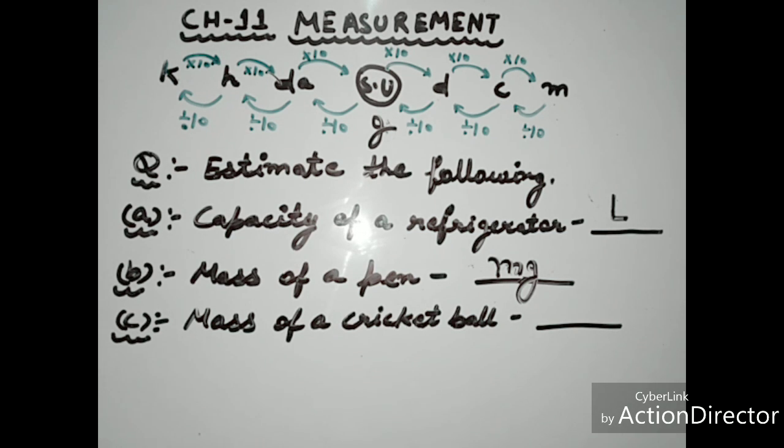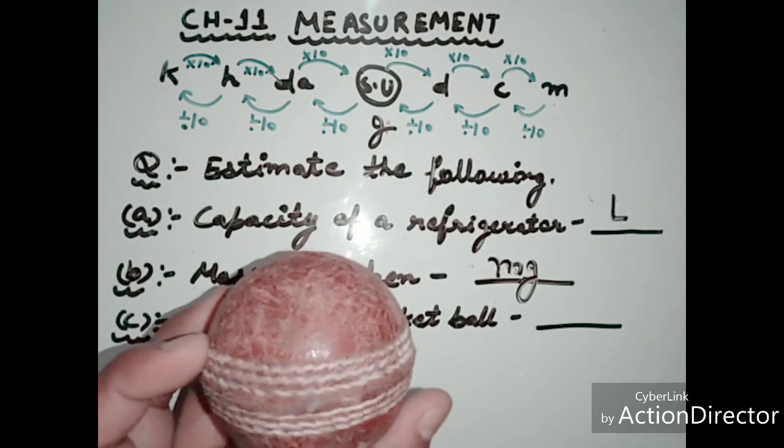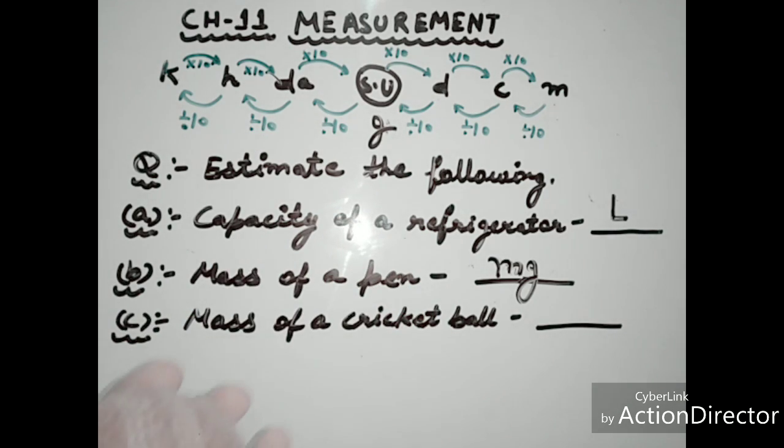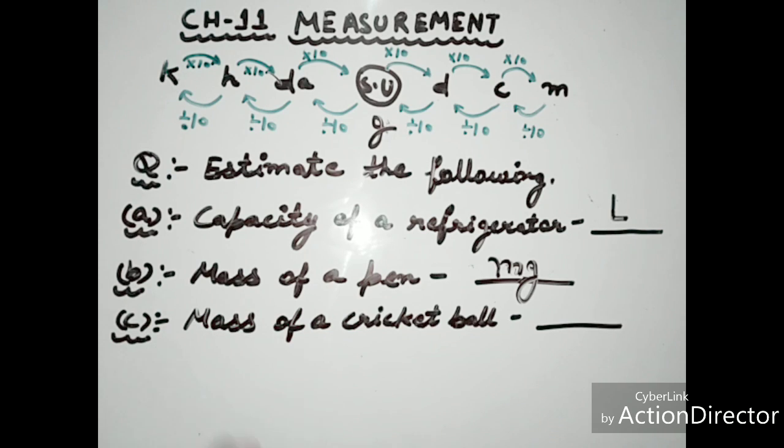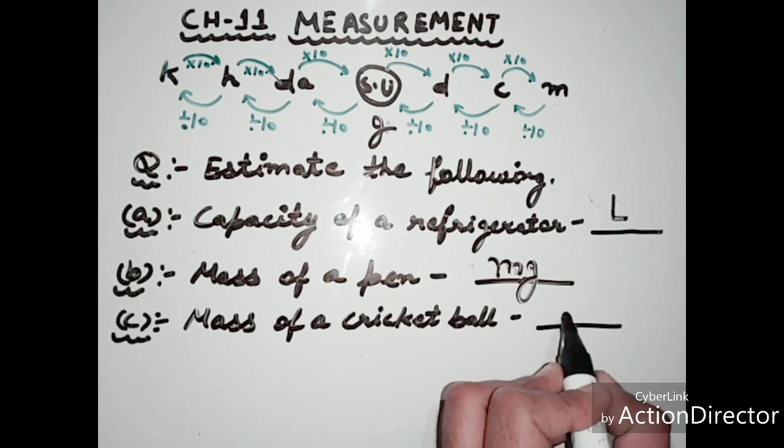Now the next example, example number C, mass of a cricket ball. So what is the mass of the cricket ball? This is a cricket ball and it is a small mass. So the mass of a cricket ball is measured by gram.